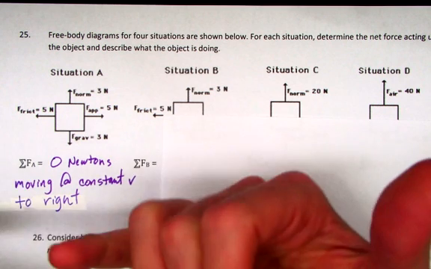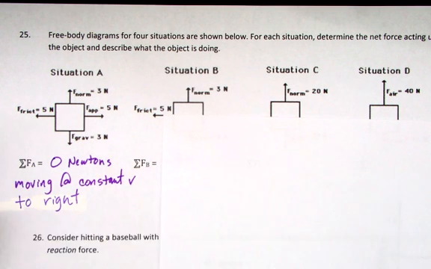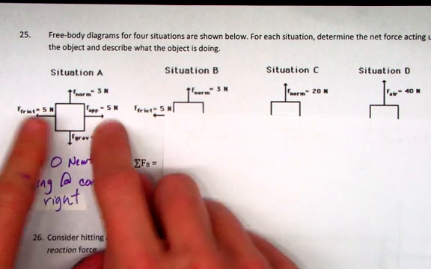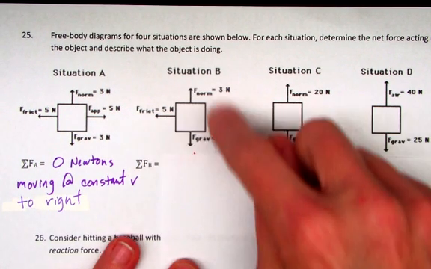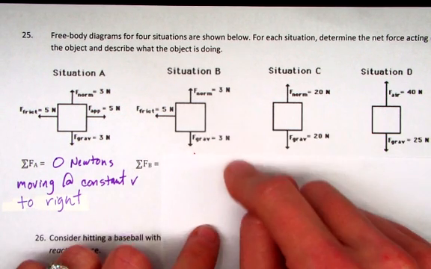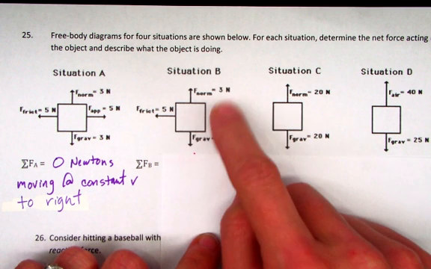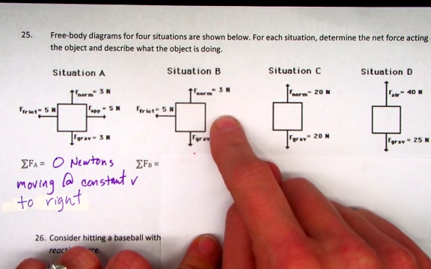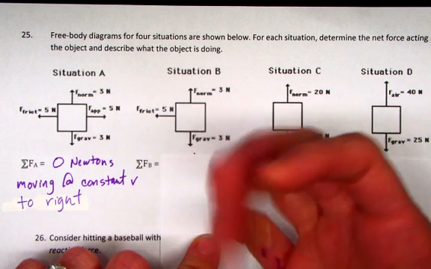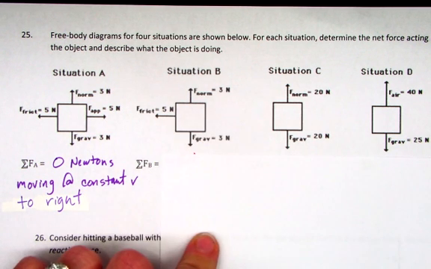Now for the next one, up and down, I still have 3 newtons for weight force, which means my normal force is 3, and I have friction. Now for this one, I don't have an applied force, so this is tricky, right? If I have this friction working on the object, that means the object is probably in motion. Otherwise, I wouldn't have friction. I would just have an object sitting on a surface at rest.